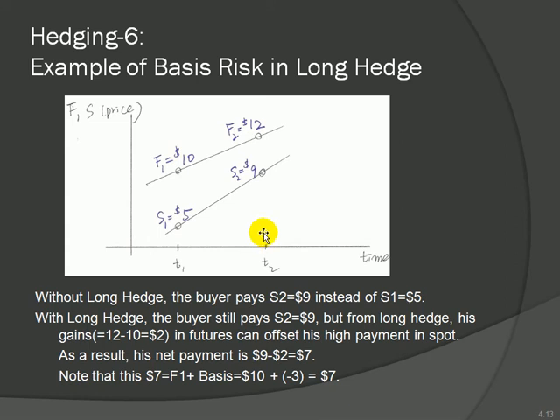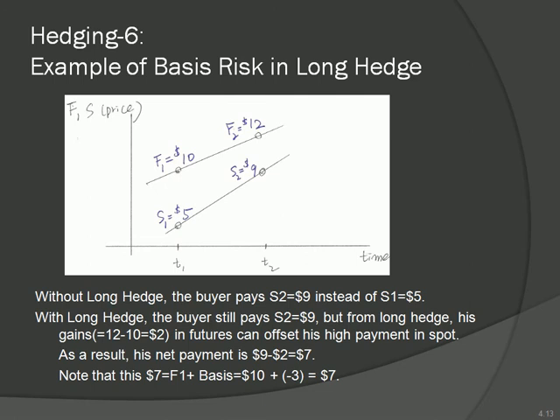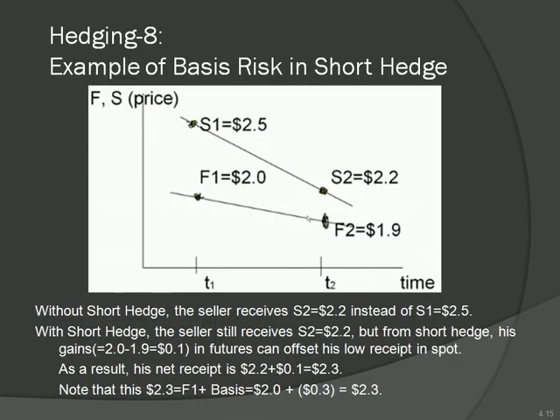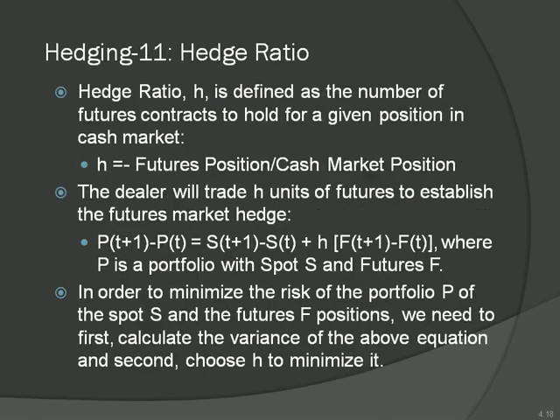But you were in long hedge; when spot price falls, future price falls as well. Since you are in long hedge, when future price falls, you're losing money. So your gain is going to shrink. Your gain is going to be smaller. Okay? That's what I mean by this costly process.